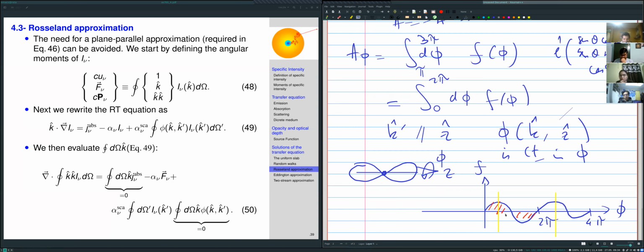That's what I mean to say, is that because it's periodic, I can also perform the same integral shifted. And I think it should be very easy to prove. I think basically what I'm trying to say is that this is the same as the integral from epsilon to 2 pi plus epsilon of d phi f of phi, is what I'm trying to say.